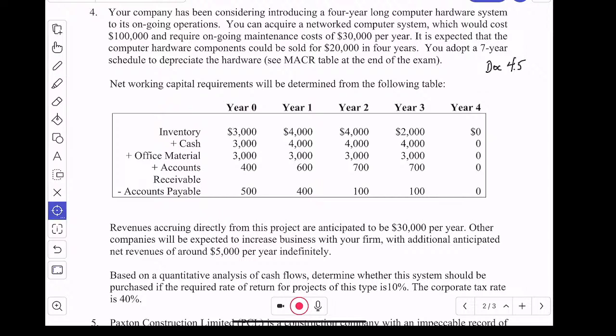Your company has been considering introducing a 4-year-long computer hardware system on to its ongoing operations. You can acquire a network computer system which would cost $100,000 and require ongoing maintenance costs of $30,000. So what are those?